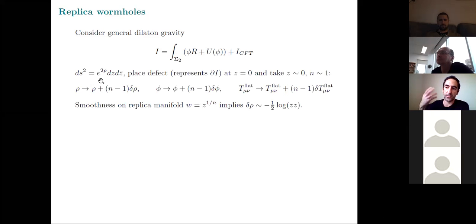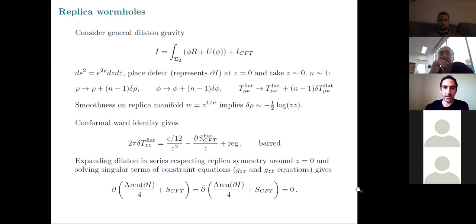So assuming you wanted to put dynamical defects in the gravitational region, we analyzed the equations of motion in that situation. So expand the two degrees of freedom, the dilaton and the conformal mode of the metric, expand the stress tensor, use the conformal Ward identity to see how the stress tensor is related to the entropy, which is the thing that you want to compute.